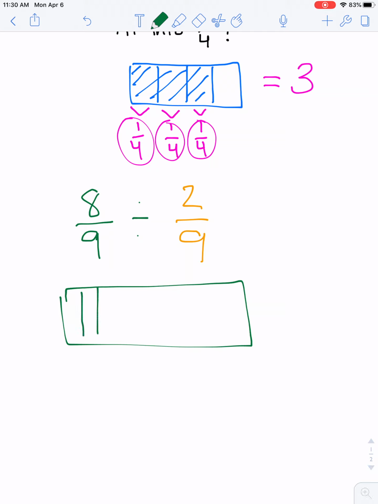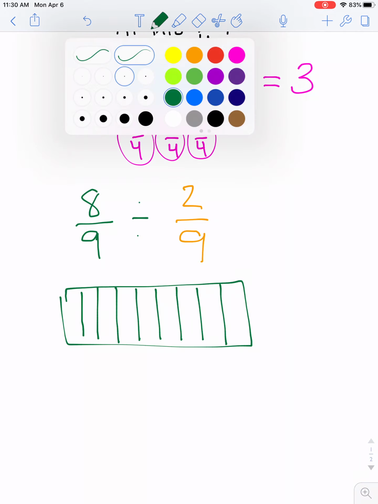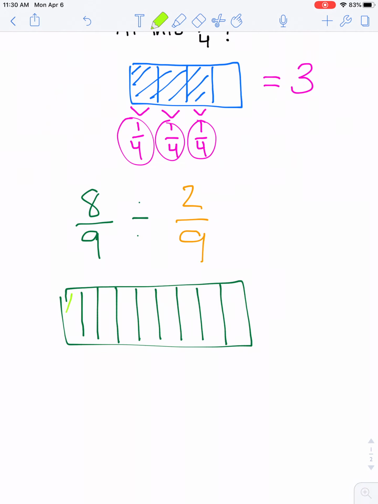So 1, 2, 3, 4, 5, 6, 7, 8, 9 groups. I think that's 9. Somebody let me know if it's not 9. So we have 1, 2, 3, 4, 5, 6, 7, 8. Here I have 8 out of the 9 groups shaded.